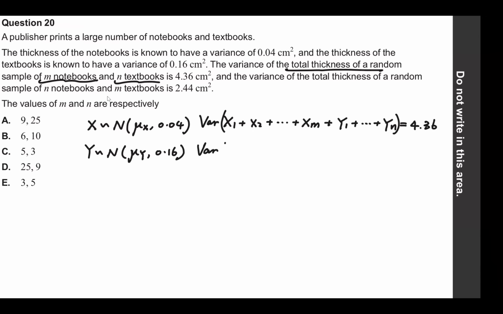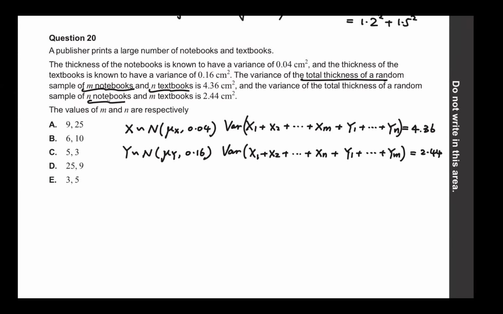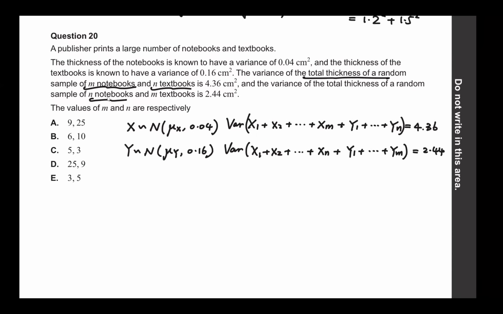And the variance of N notebooks, X1 plus X2 plus ... until XN plus Y1 plus ... plus YM equals to 2.44. Okay, it's not a super challenging question. You just need to carefully read through the question.